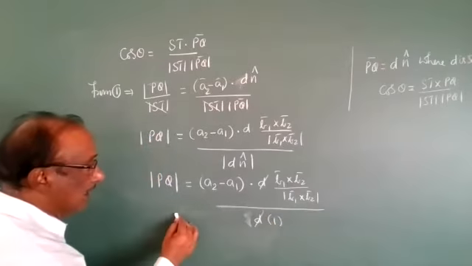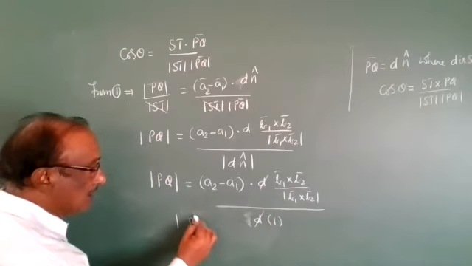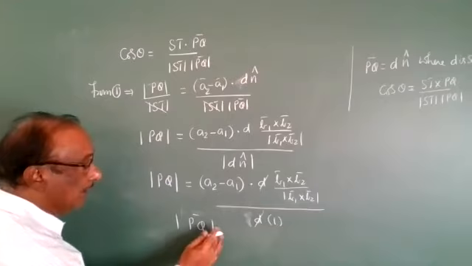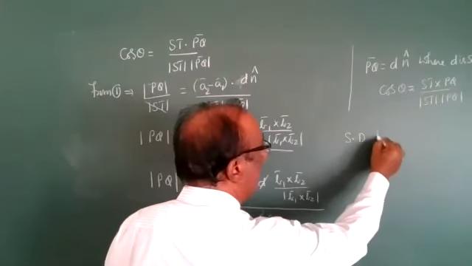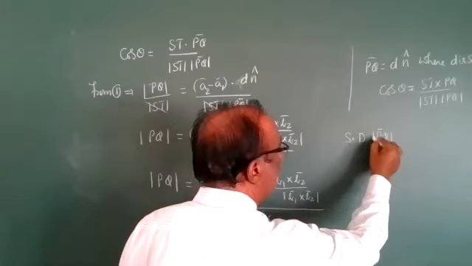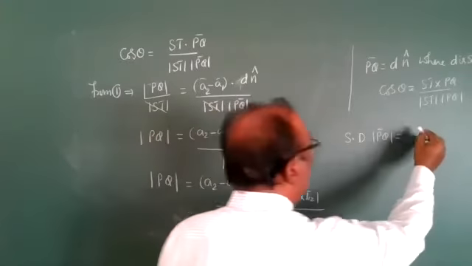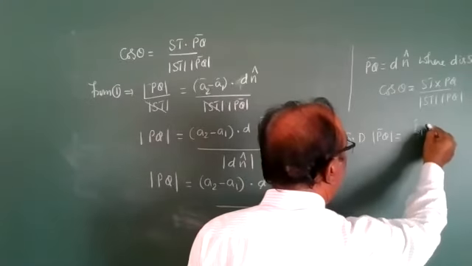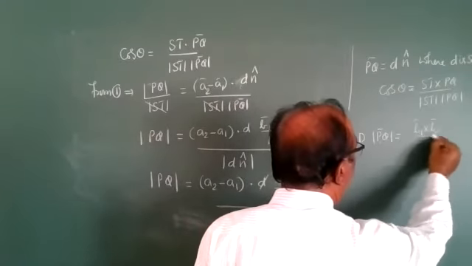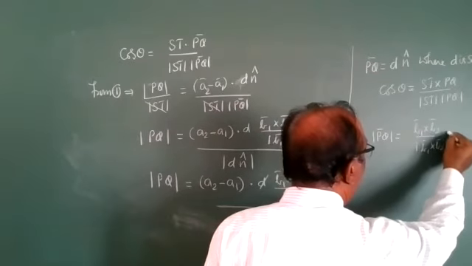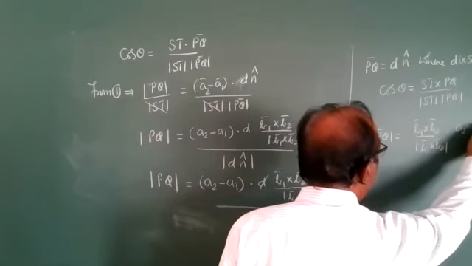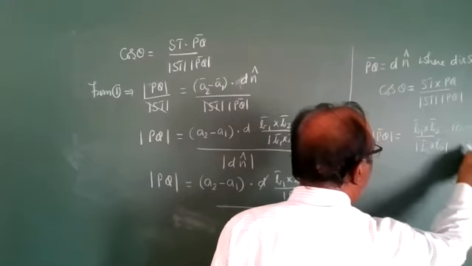D and D are cancelled. Therefore the shortest distance PQ, modulus of PQ, is equal to B1 bar cross B2 bar by modulus of B1 bar cross B2 bar dot A2 minus A1. It obeys the commutative law.